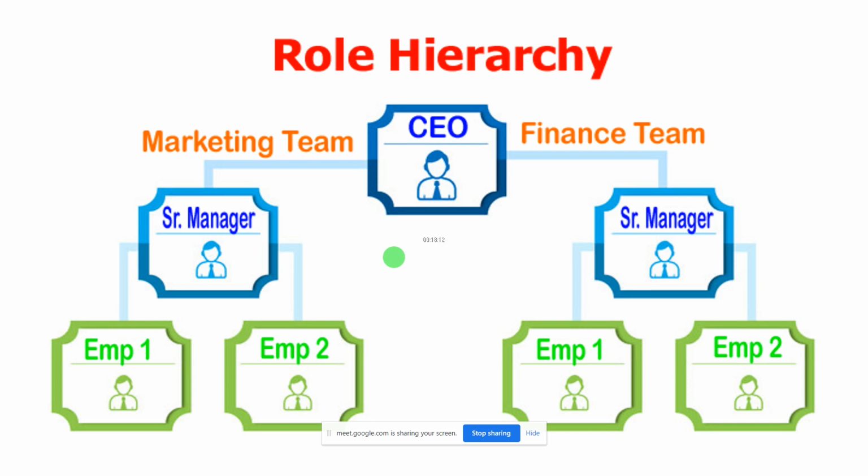The marketing team will have a manager and employees, and the finance team also will have a manager and employees. Employee one in the finance team, to whom do they report? The senior manager. Yes, exactly. So whatever work employee one does will be visible to the senior manager working for the finance team, not for the marketing team.